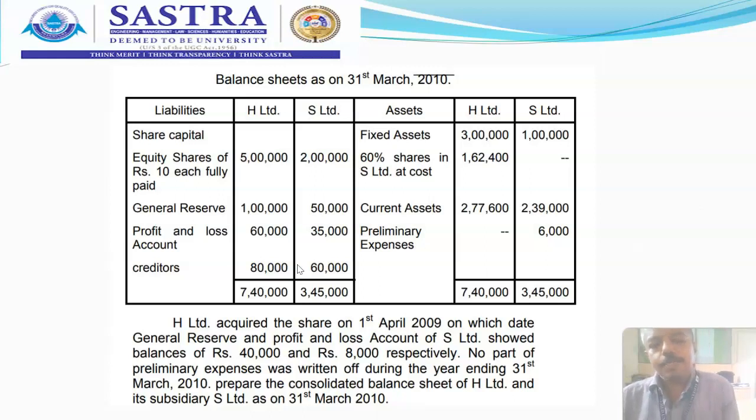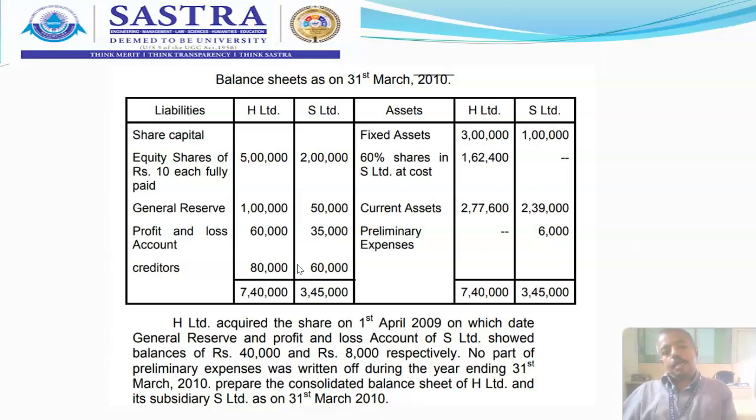So 50,000 is the general reserve and 35,000 is the profit and loss account in the balance sheet. These are accumulated amounts over a period of time. So now what we need to do, of this 50,000, what is the 40 percentage value? It is rupees 20,000.